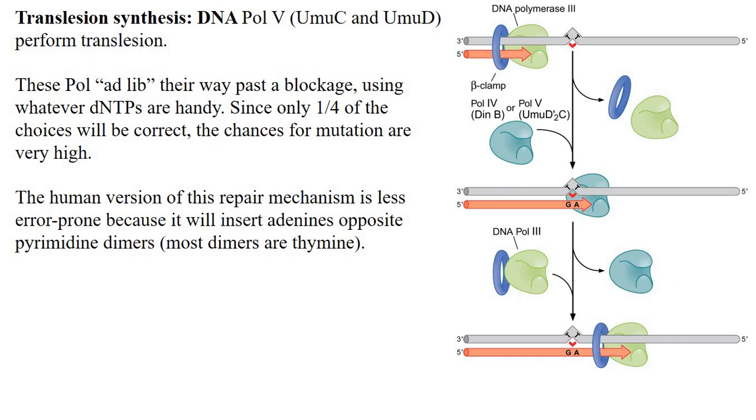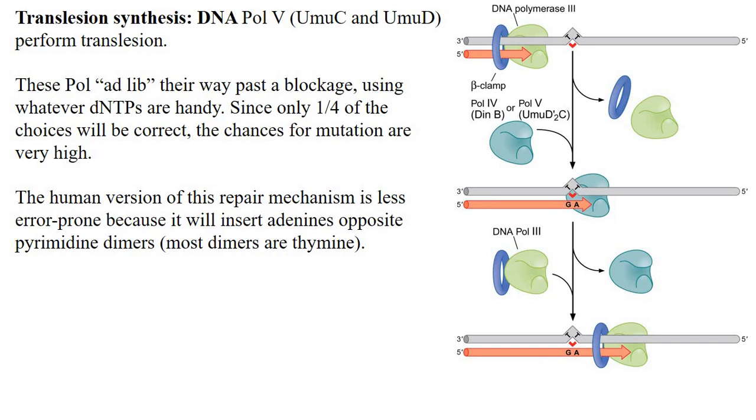And since it adds any nucleotide that's available, there's a chance that one quarter of the time the choice will be correct because there are 4 different nucleotides. So the chances of mutations are very high.